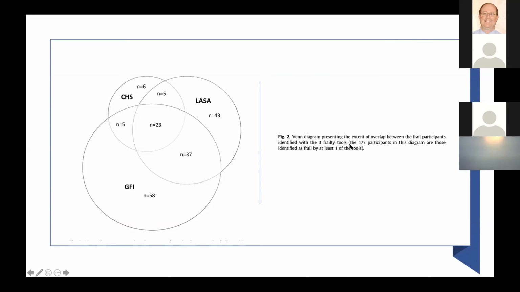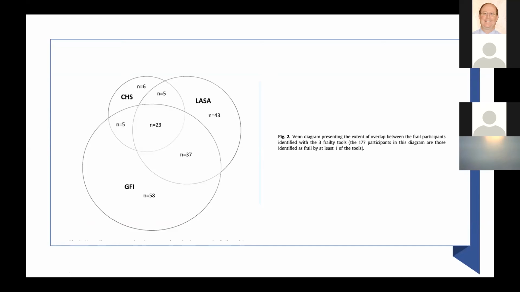The LASA looks at 9 frailty markers: low body mass index, low peak flow, low mini-mental scores, urinary continence, poor vision or hearing, low mastery and resilience, which is my favorite, depression, and low physical activity.